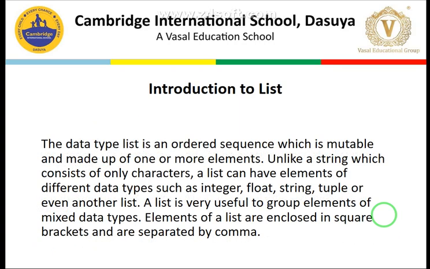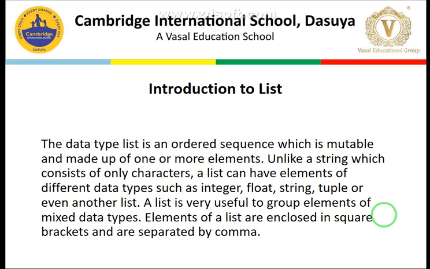Moving next. So students, in the last lecture we started the list. What is a list? The data type list is an ordered sequence. Ordered means that it follows a particular sequence one after another. It is mutable, meaning its values can be changed, and made up of one or more elements. So it can have any number of elements.